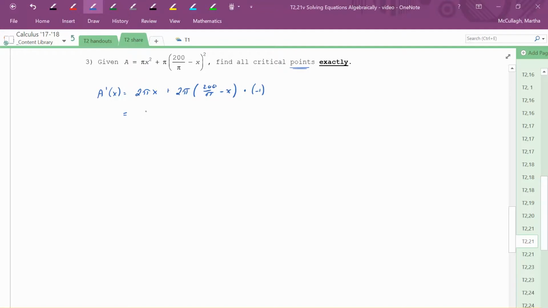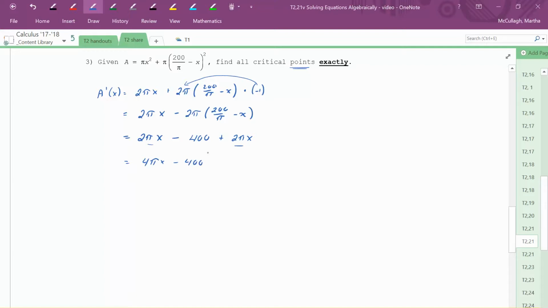Tidying that up, I've got 2 pi x minus, bring that negative over, 2 pi times 200 over pi minus x. With the distributive, I've got 2 pi x minus 2 pi times 200 over pi, the pi's cancel, gives me 400, and then plus 2 pi x, or 4 pi x, combining my like terms, minus 400.